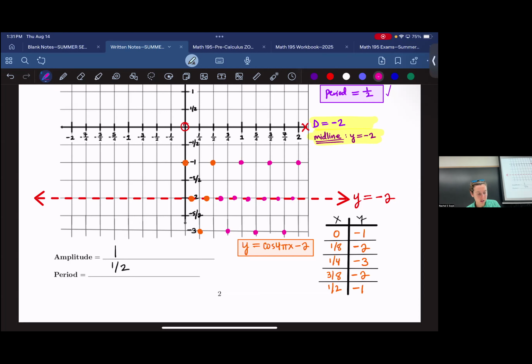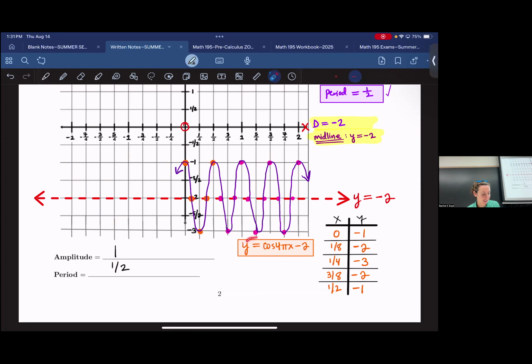Okay, so now let's just connect the dots. And then don't forget your arrows.